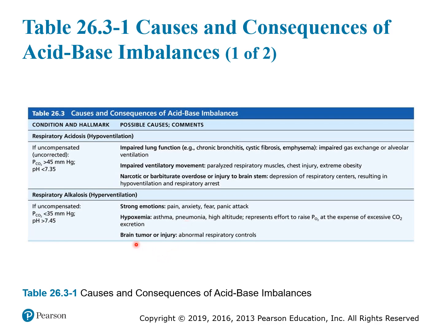And then there can be brain tumor or injury, which can lead to abnormal respiratory controls. So the most common cause by and large of respiratory alkalosis is the emotions, the hyperventilation, not voluntary, but when they're anxious, they just hyperventilate.